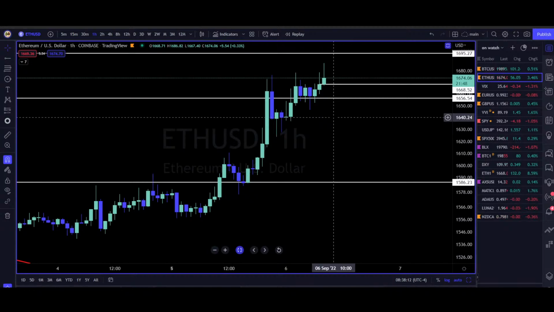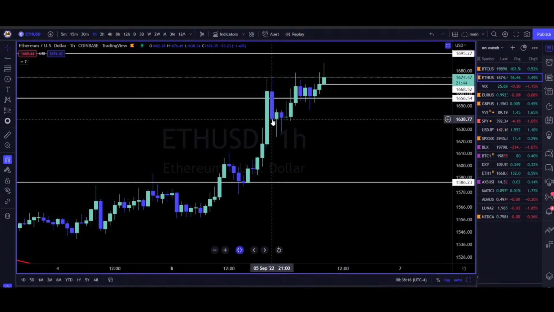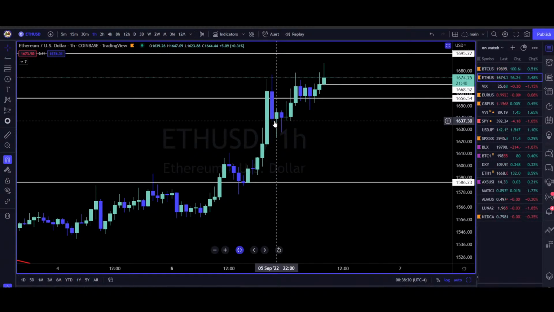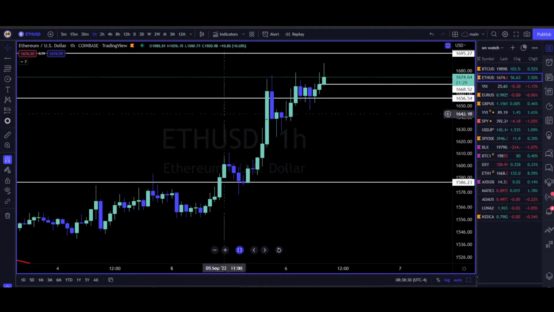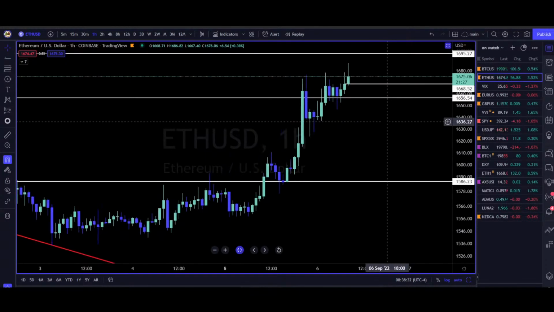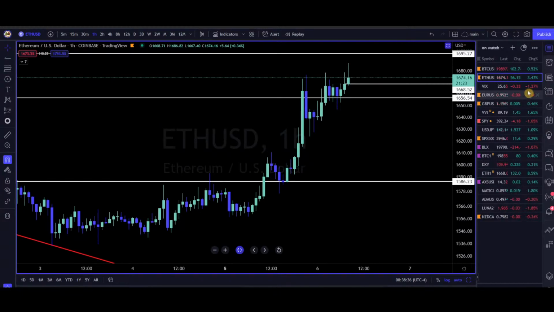And you would only be looking for targets down to here. That would be your target, 1640-ish. So $30 on the trade if it happens. Depending on how big your position size is will determine, obviously, the profit potential. But, I mean, it's bullish. I hate shorting bullish assets.